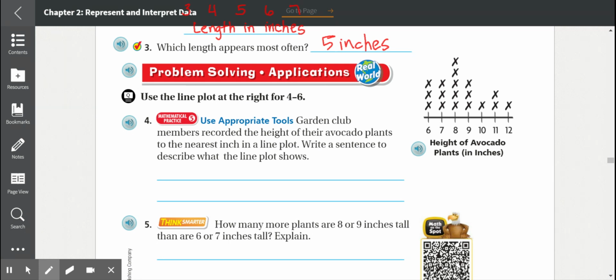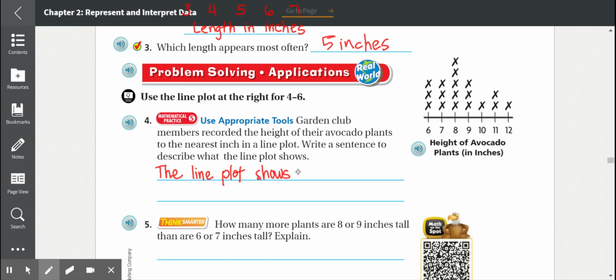So it's showing, so the line plot, there are lots of different things we could say here. We can go something like the line plot shows, I'm going to mention the different heights.